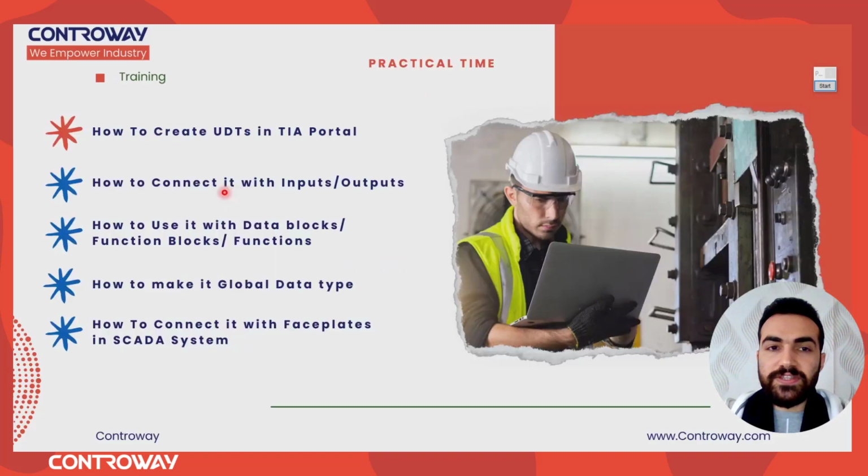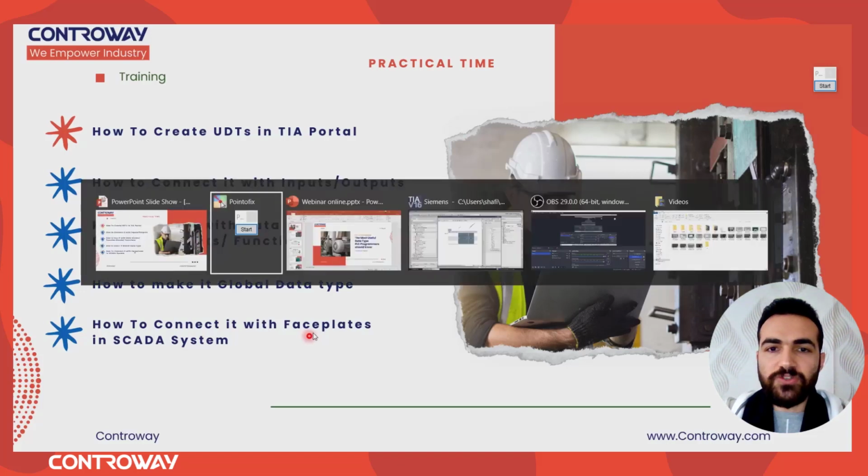In this lesson we will learn how to create a UDT in TIA Portal. In the next lesson, we will learn how to connect it with inputs and outputs, how to use it in data blocks, function blocks and functions, how to make it global, and how to connect it with faceplates in SCADA systems. So let's open the project.